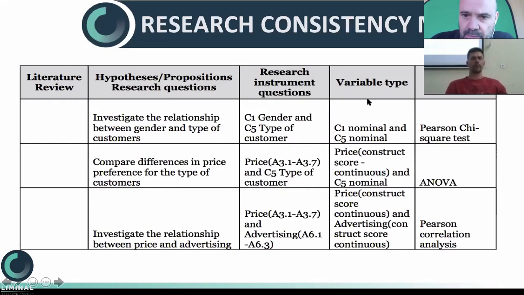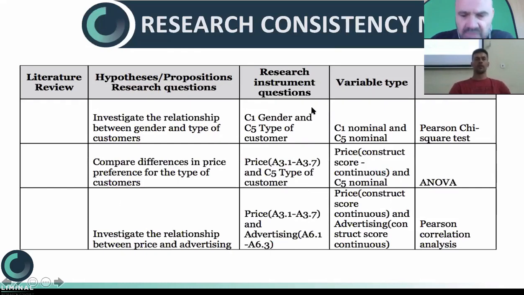So the construct score is continuous, and customer type is nominal. So for that, we do analysis of variance. And then the third one, investigate the relationship between price and advertising. You have price, you have advertising. Both constructs must be reliable and valid. Both are continuous, so we do a Pearson correlation analysis.